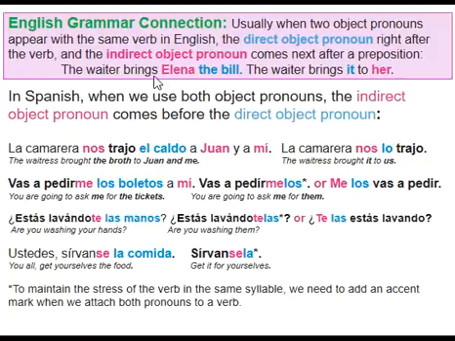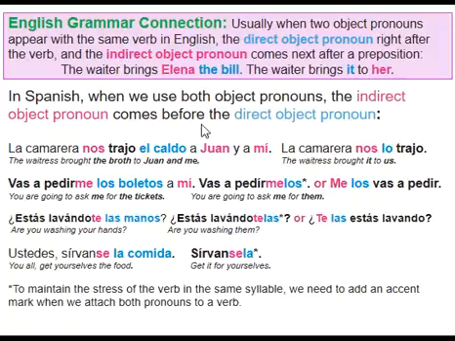The waiter brings Elena the bill. What happens if we substitute Elena for an indirect object pronoun? The waiter brings it, direct object, to her, indirect object.